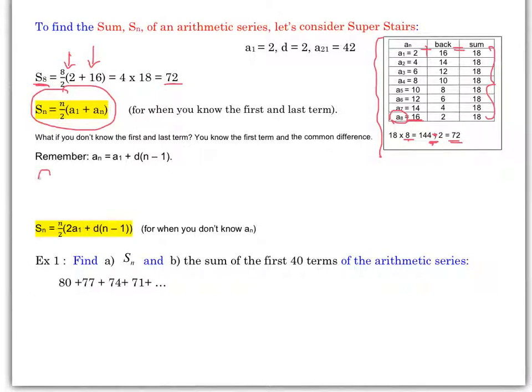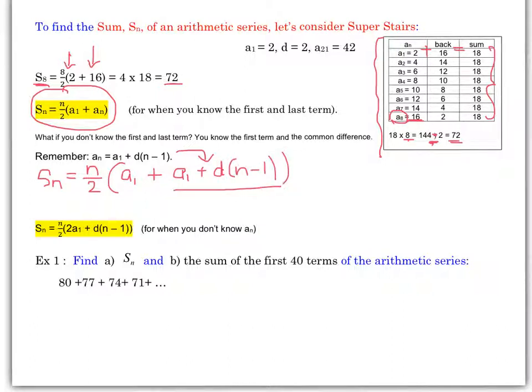You take your S sub n, and we start off with n over 2, and we're going to have our a sub 1. But now I don't know my a sub n. So what we're going to do is substitute in here. Remember, we have our formula for a sequence, where a sub n equals a sub 1 plus, this is like your linear equation, d times n minus 1. So we're going to substitute that in here.